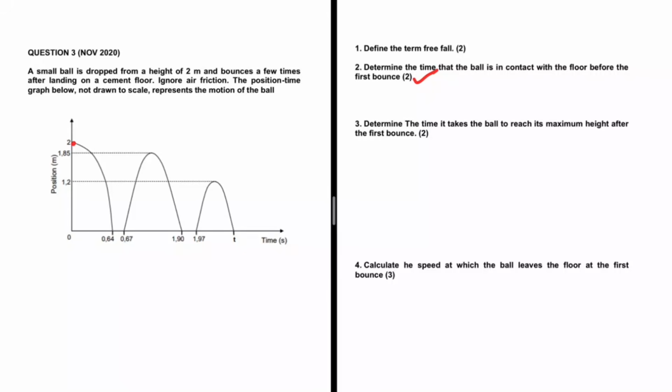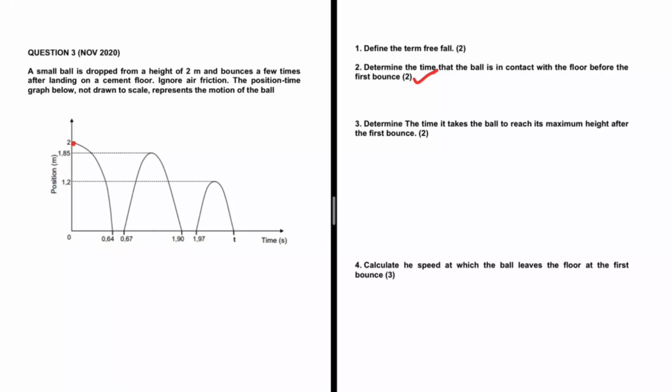Okay, let's carry on. Ignore air friction. If we're ignoring air friction, then as soon as it is dropped, it is in free fall. It is a projectile. The only force acting is gravitational force. The position time graph below, not drawn to scale, represents the motion of the ball. Right, that's all we have.